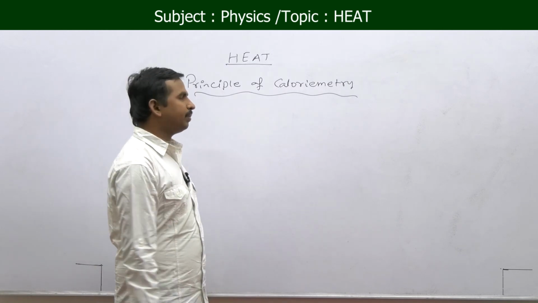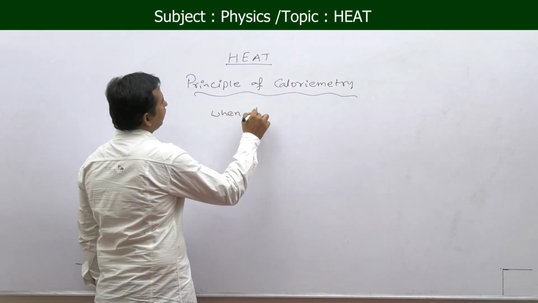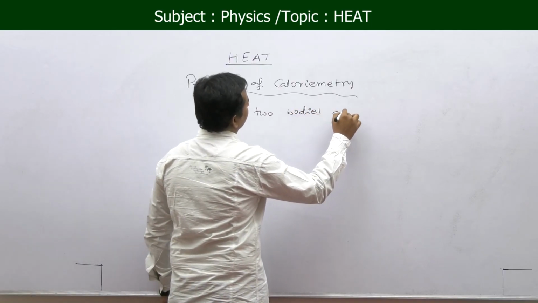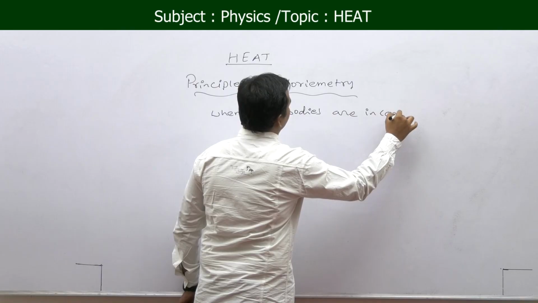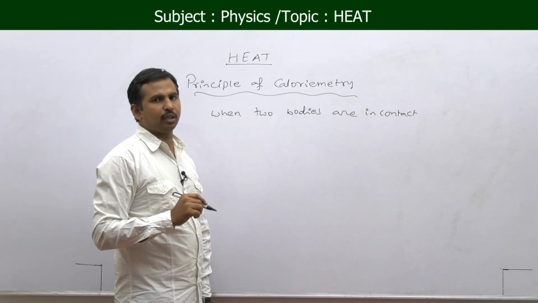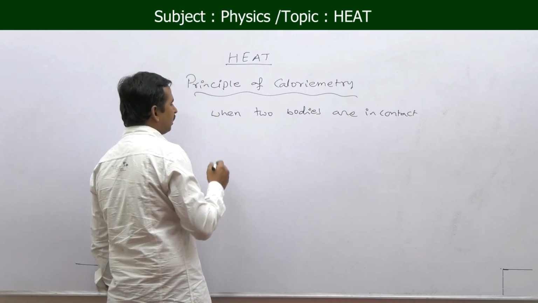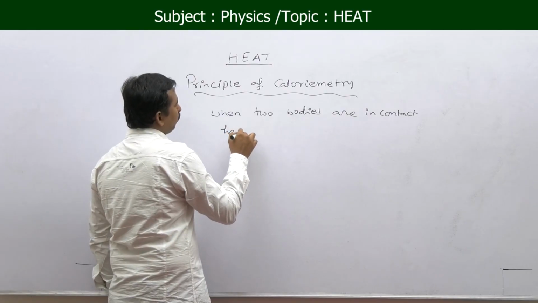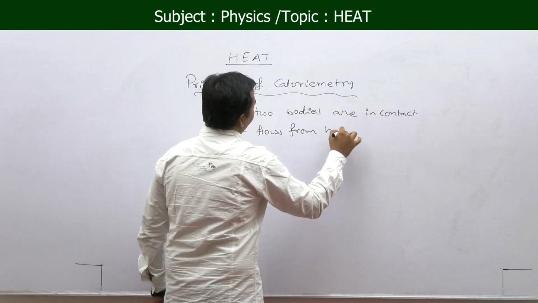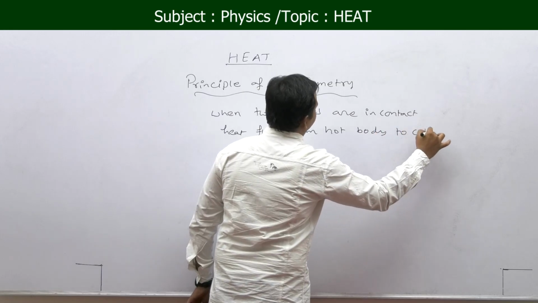At first, the statement of the principle of calorimetry: when two bodies are in contact, and make sure the two bodies are having different temperatures, then heat flows from the hot body to the cold body.